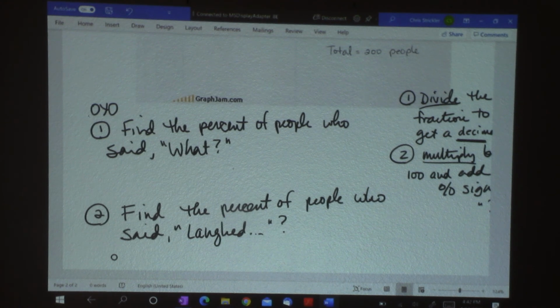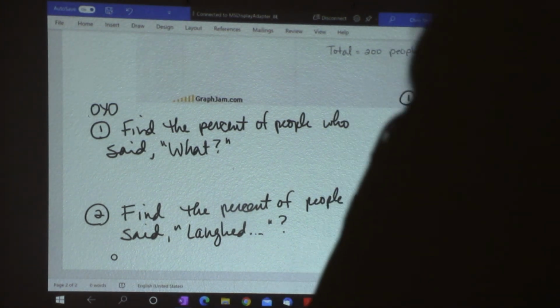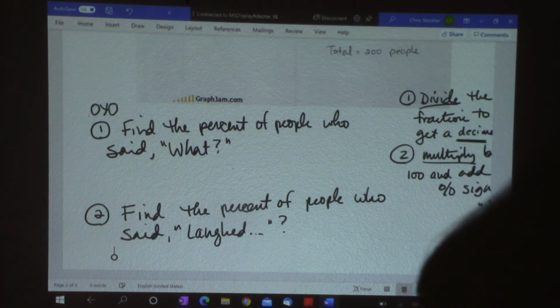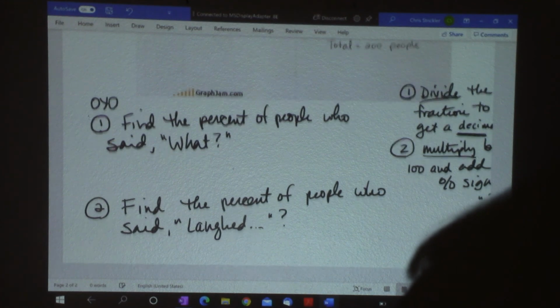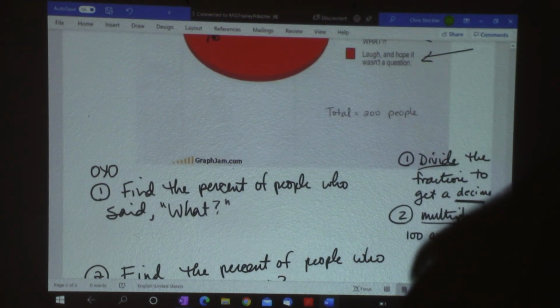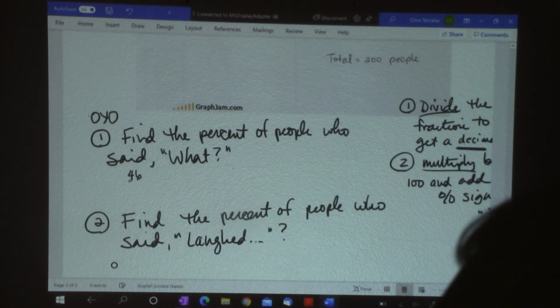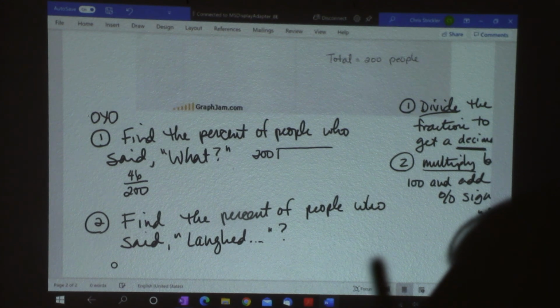That was good timing. I had to blow my nose. Okay, so let's go over these. The number of people, the percent who said, "What?" That was 46. So 46 out of 200. So I'm going to take 200 and divide that into 46 right here.